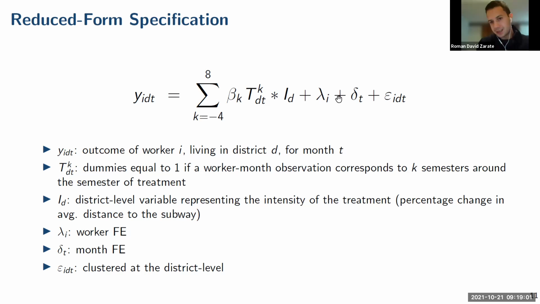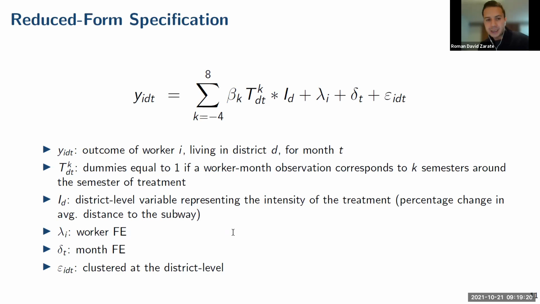Very important, we're going to include a worker fixed effect, so we will be comparing the same worker over time. We're also going to include time fixed effects to control for seasonality. And we're going to cluster our standard errors at the district level.